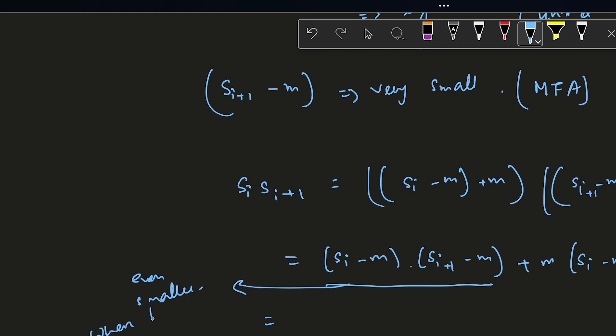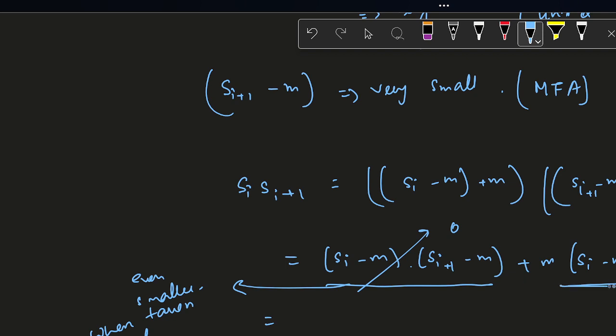So based on that, we can always ignore or neglect the first term as 0. We can remove that because it is very small and close to 0, and we are only left with this.